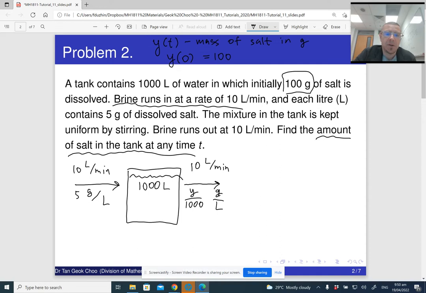All right, so now what is the rate of change of salt? So dy/dt is a sum of two terms, the inflow and the outflow. Well, it's rather a difference, right? It's inflow minus the outflow.